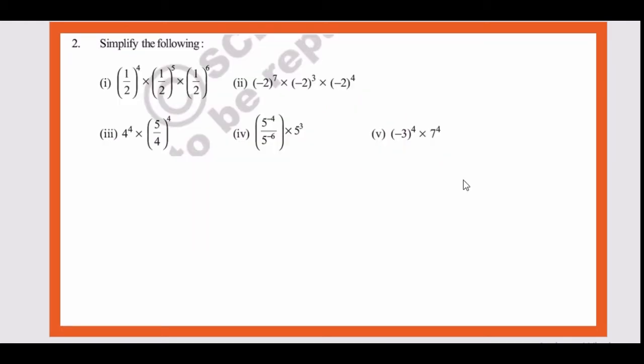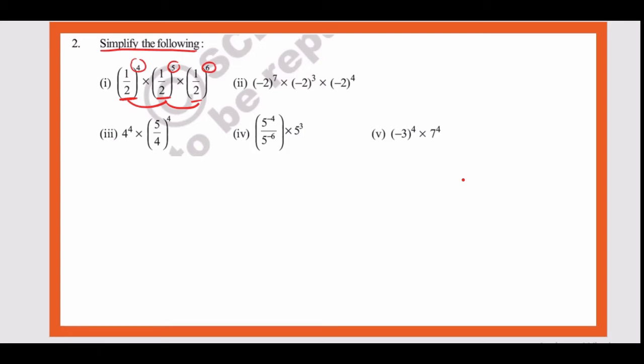Question number 2. What did it ask? Simplify the following exponents. If you observe the first question, all the bases are equal, and the exponents are different.